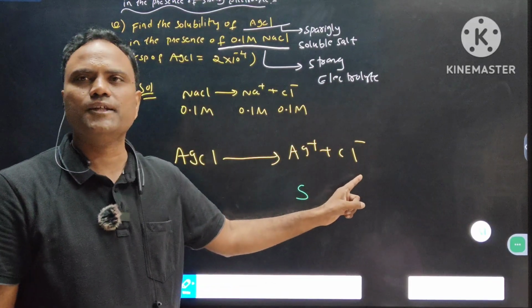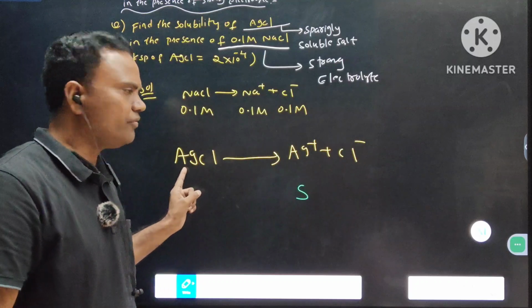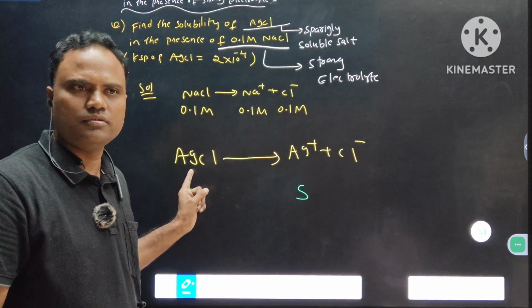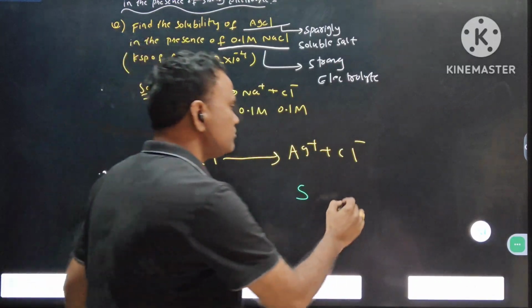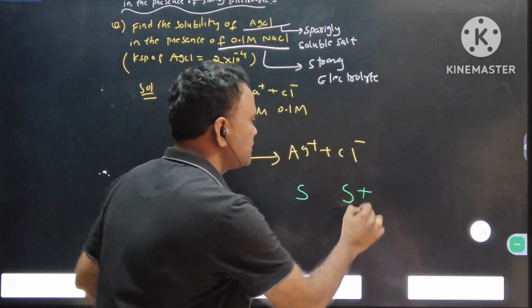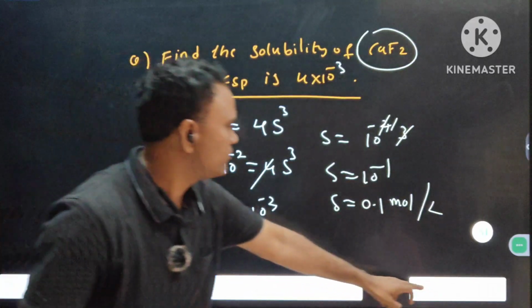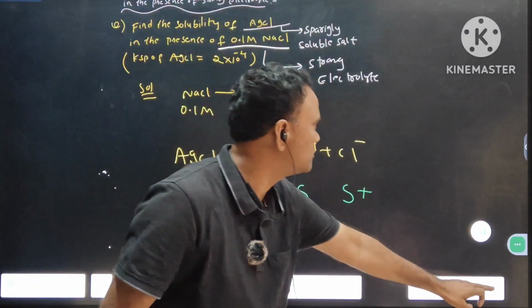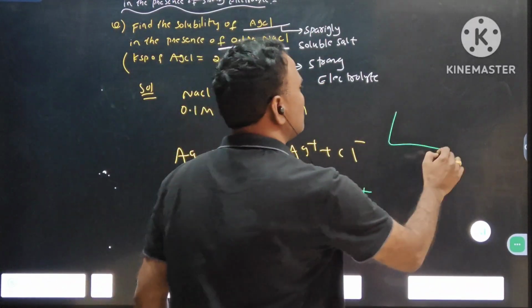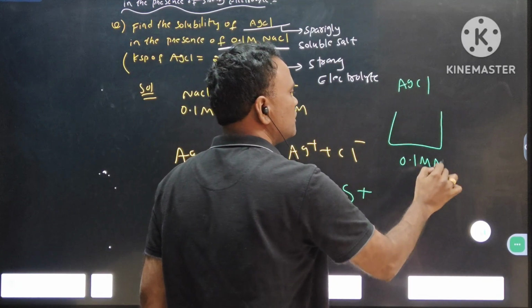Now tell me, Cl minus ions are coming from the weak electrolyte. See this diagram: AgCl and 0.1 molar NaCl.